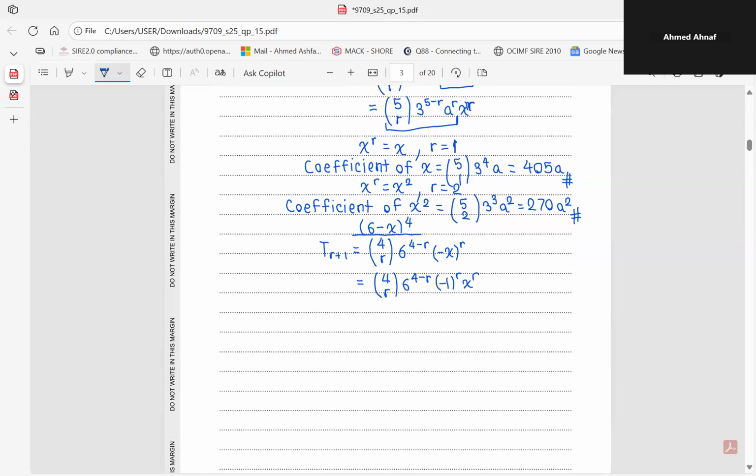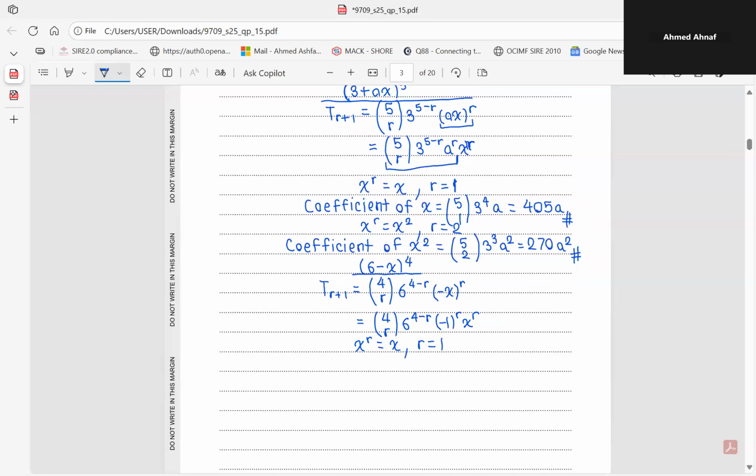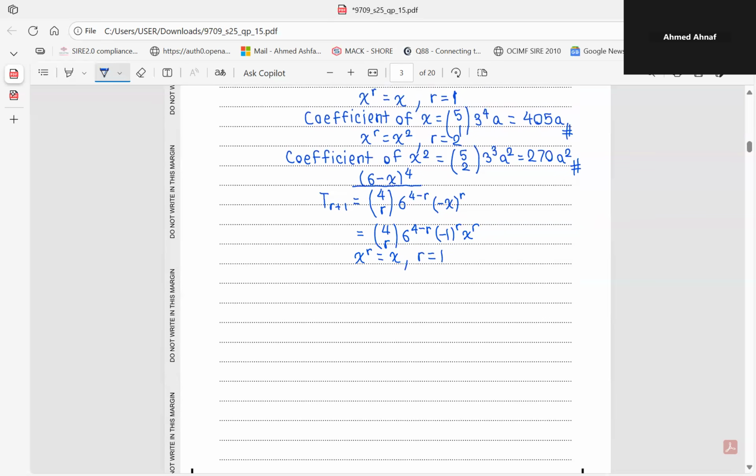So here we can equate x to the power of r to x, and we'll get r equals 1. And using this, we can find the coefficient of x.